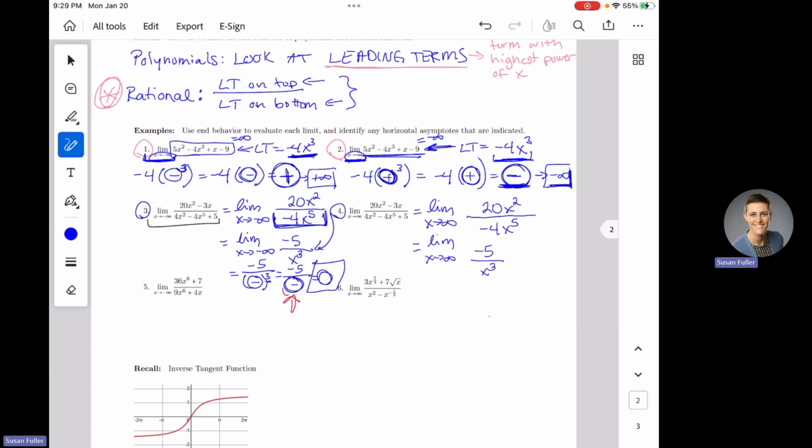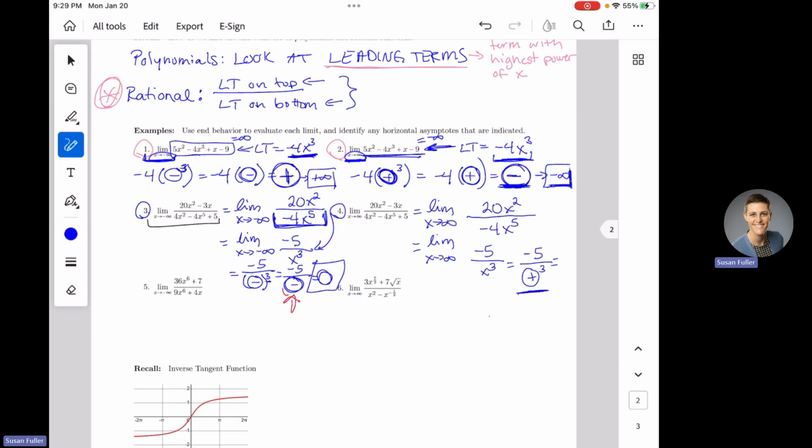And now the limit as x goes to infinity of this, I'm going to take a huge positive number and plug it in for x. A huge positive number to the third power is an even huger positive number. Negative 5 divided by a huge positive number. I'm dividing it into more and more pieces.